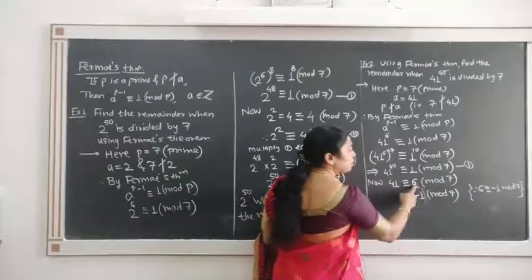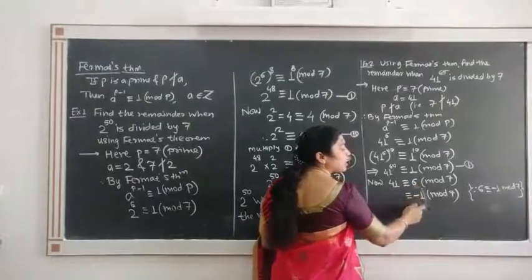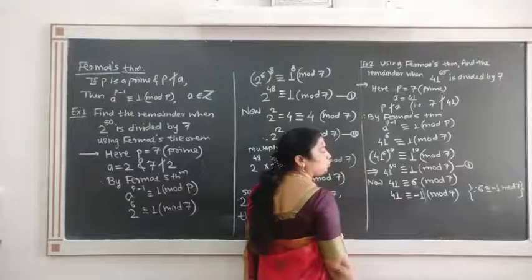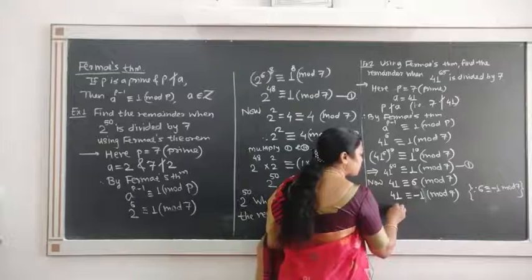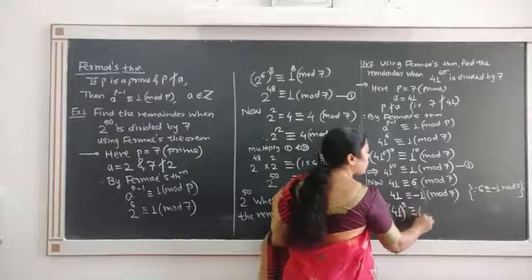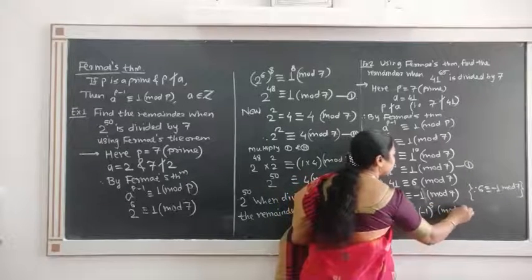So instead of taking powers of 6, it is easy to take powers of minus 1. So I will write down 41 is congruent to minus 1 mod 7, and now take raised to 5 on both sides. So 41 raised to 5 is congruent to minus 1 raised to 5 modulo 7.